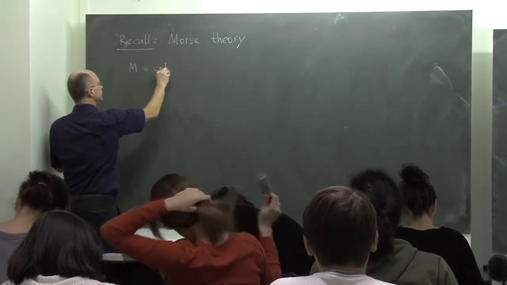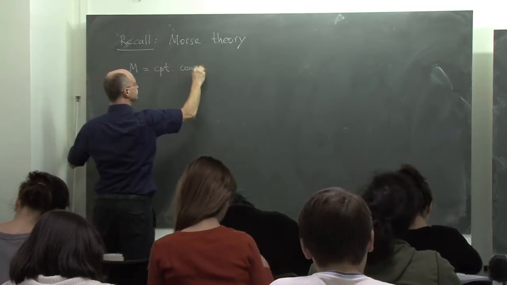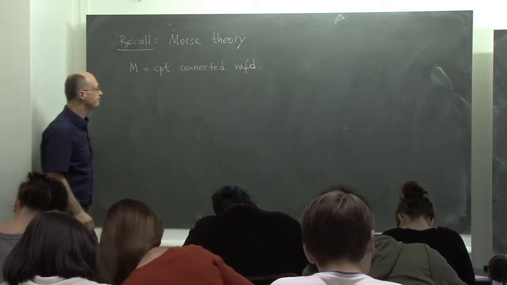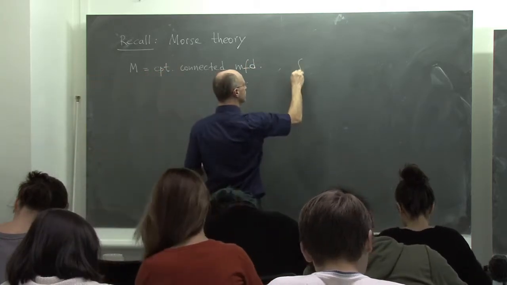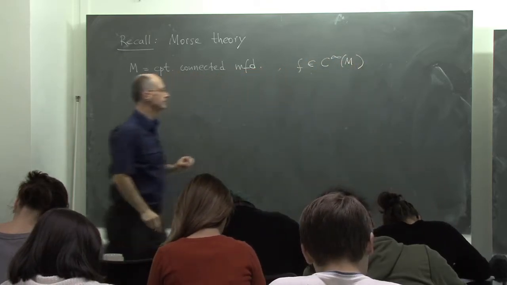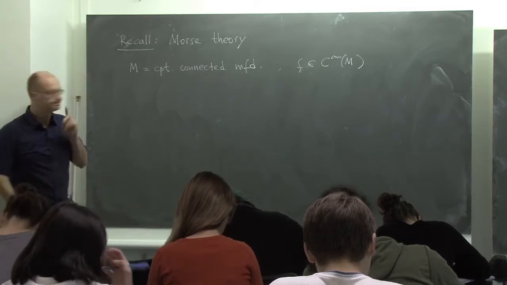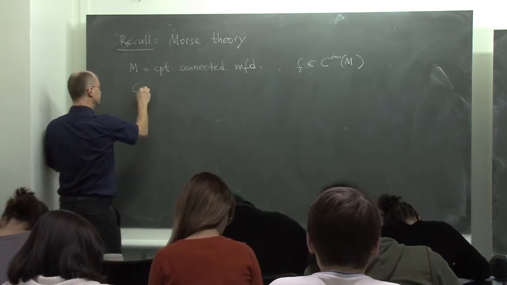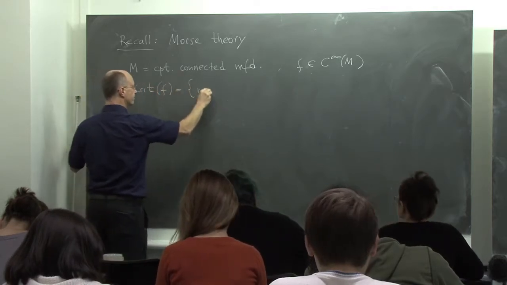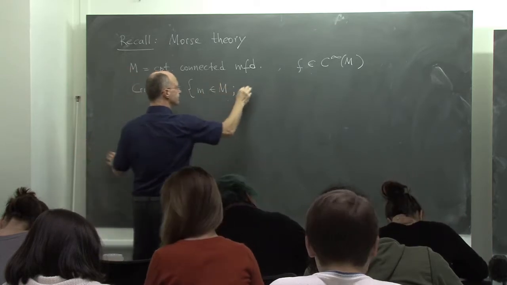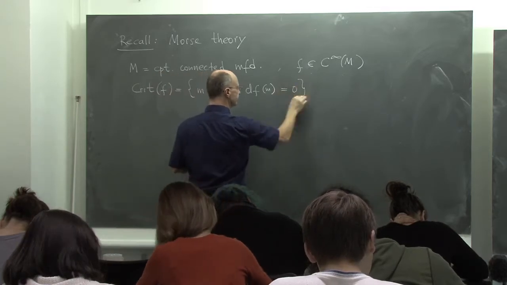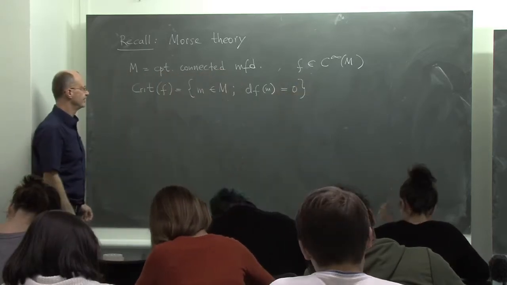We start with a compact connected manifold M, and we consider a smooth function f on M. And we consider the critical set of this function, which are points on M where the differential of f vanishes.